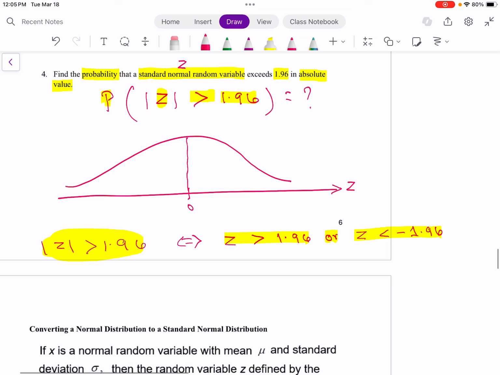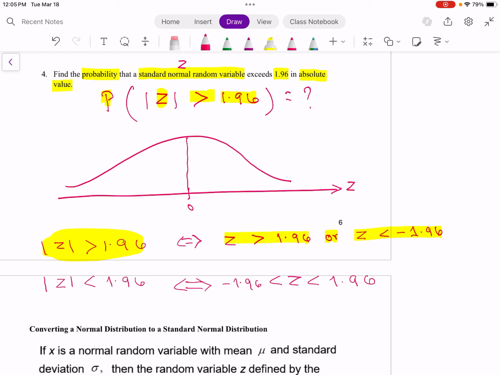If you have the absolute value of g less than 1.96, how do we rewrite this? This is g greater than negative 1.96 and less than positive 1.96.